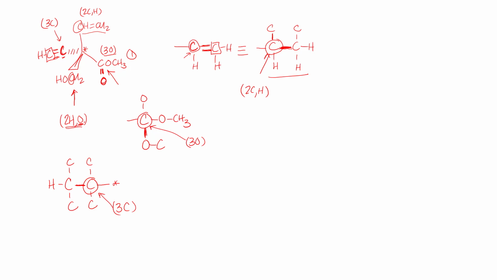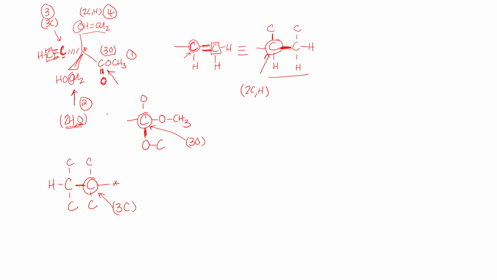The oxygen present gives precedence over the 2 carbons that don't have any oxygen attached, because remember, it's the single atom that has the highest atomic number. So this would be group number 2. And then comparing 3 C's versus 2 C's and an H, the 3 C's would get group number 3, and then the 2 C's and an H would get group number 4.